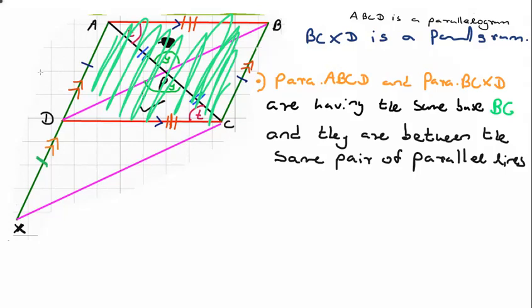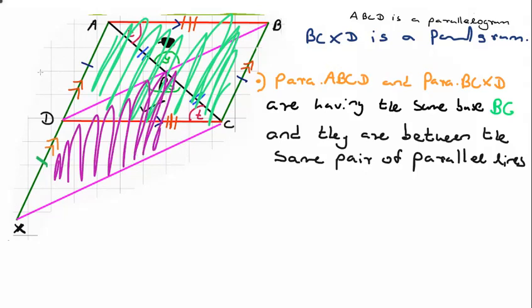And look at this parallelogram, what I'm coloring now. What's the ground? BC. And what's the roof? Again, AX. So which means both of them are between the same pair of parallel lines, BC and AX.